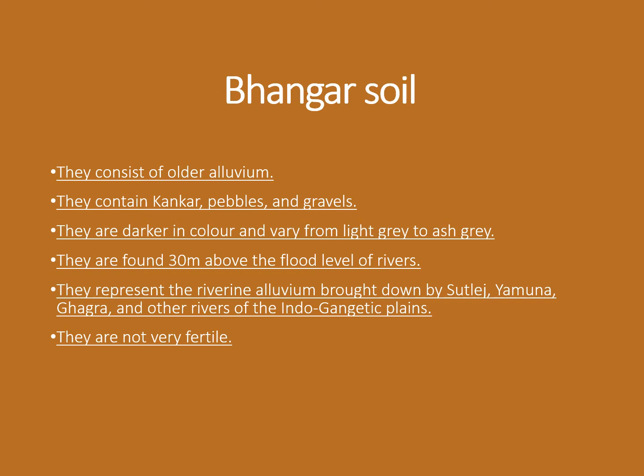They are found 30 meters above the flood levels of rivers. They represent the riverine alluvium brought down by Sutlej, Yamuna, Ghagra, and other rivers of the Indo-Gangetic plains. They are not very fertile.